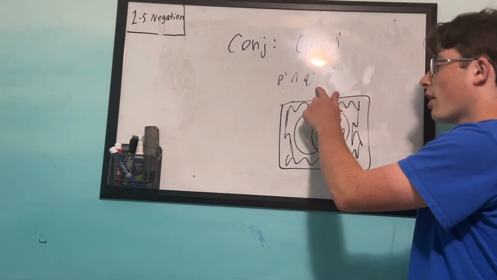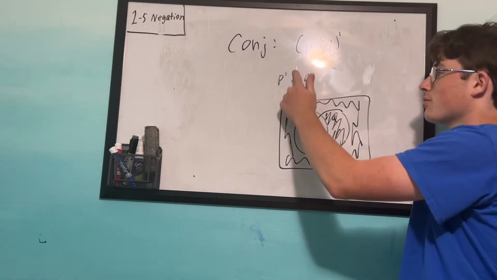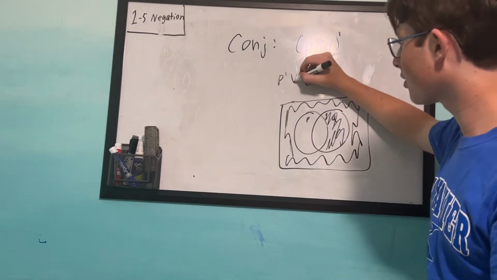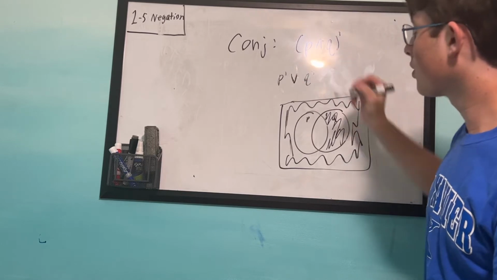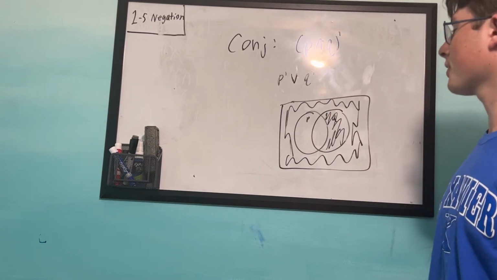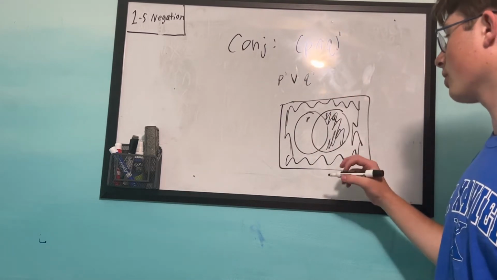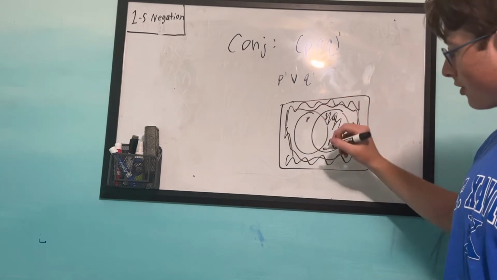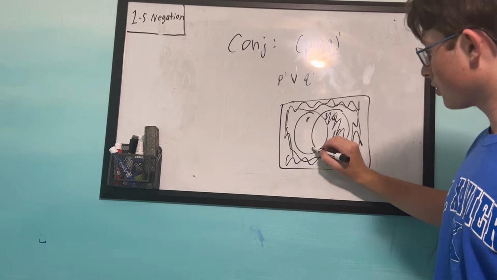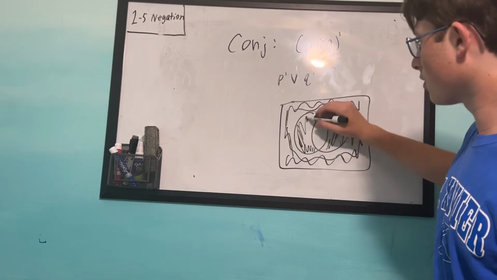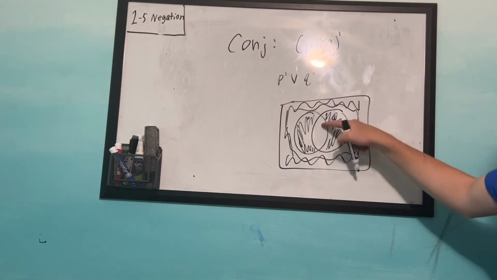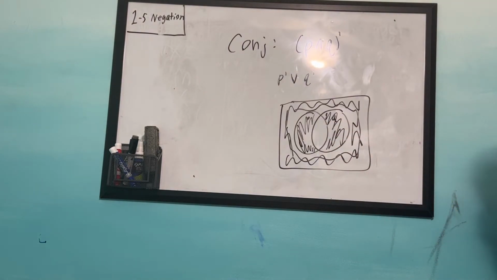And then, or, oh wait, that should be an or, sorry about that. Or anything that's not in Q, so we go and highlight everything that's not in Q, so we go back, highlight all that stuff again. Also, this stuff in P is not in Q, which gives us back the same result of everything not in that intersection of P and Q.